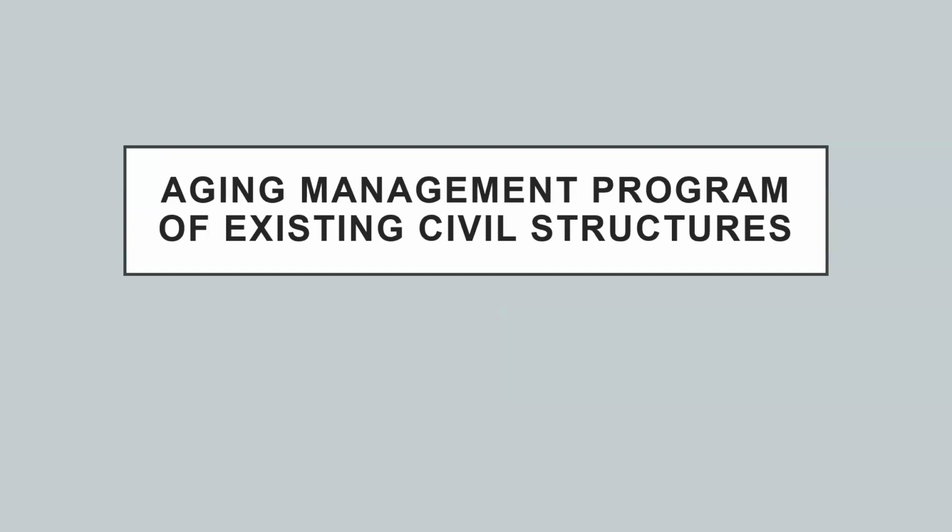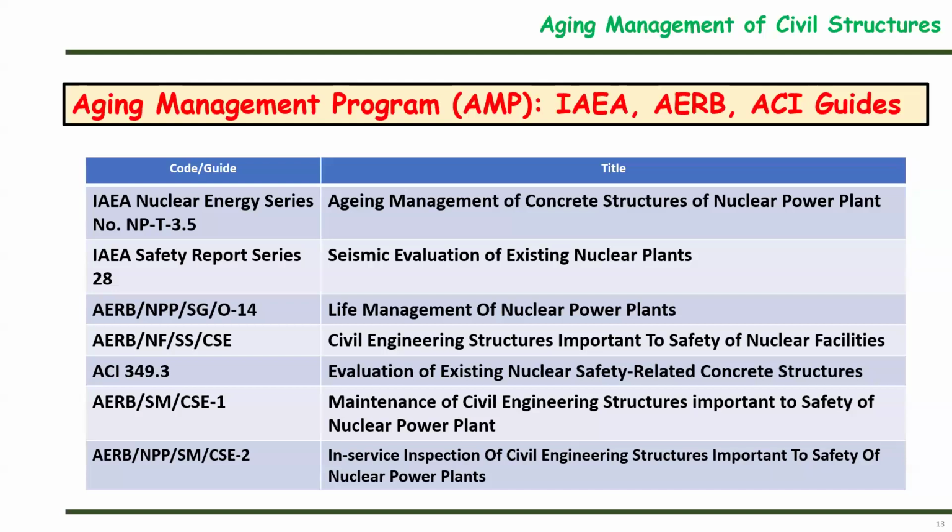Now, what would be the aging management program for existing civil structures? Since I come from the Department of Atomic Energy, for our kind of structures, I have listed some of the IAEA, AERB, and ACI guides which we normally adopt. IAEA means International Atomic Energy Agency.